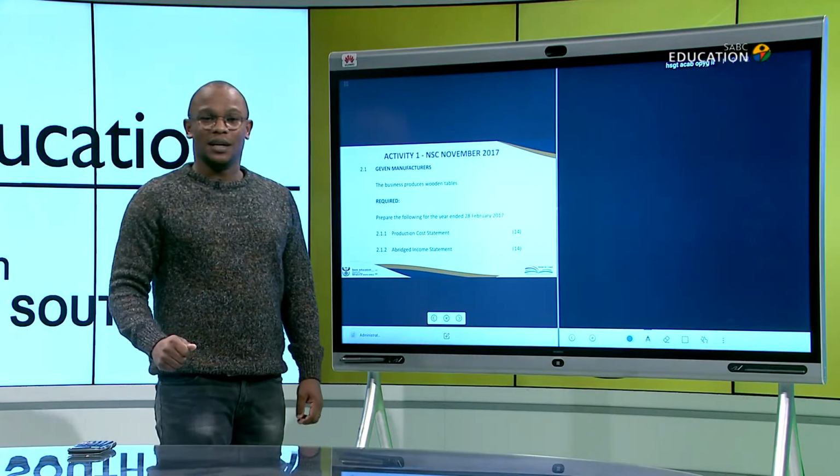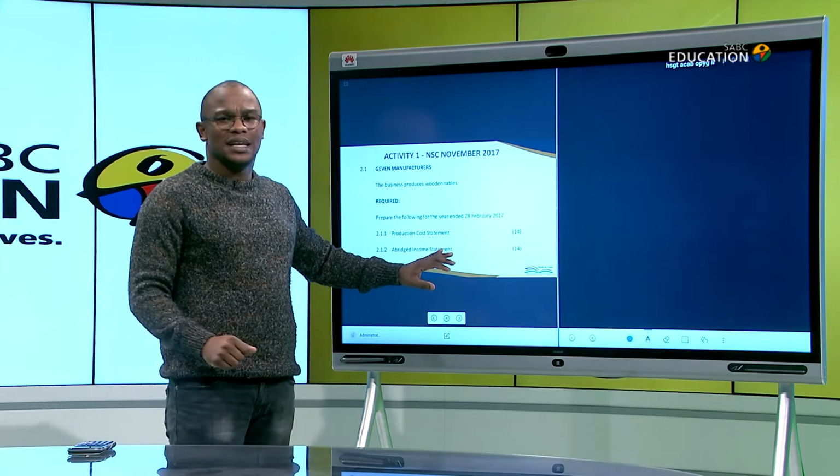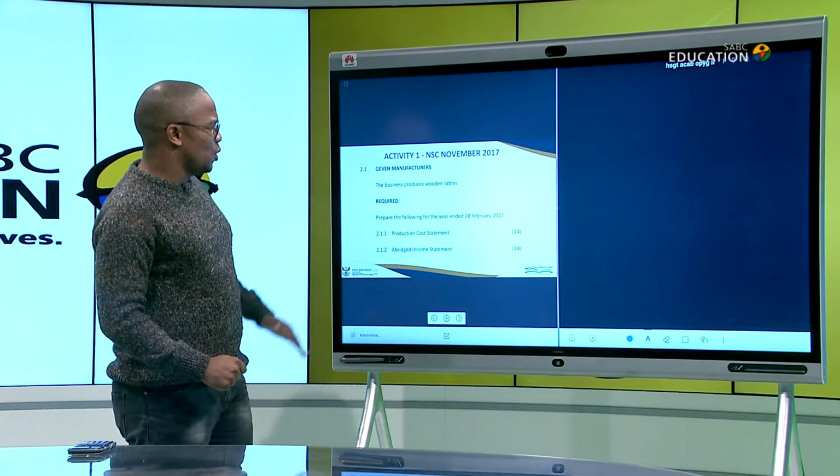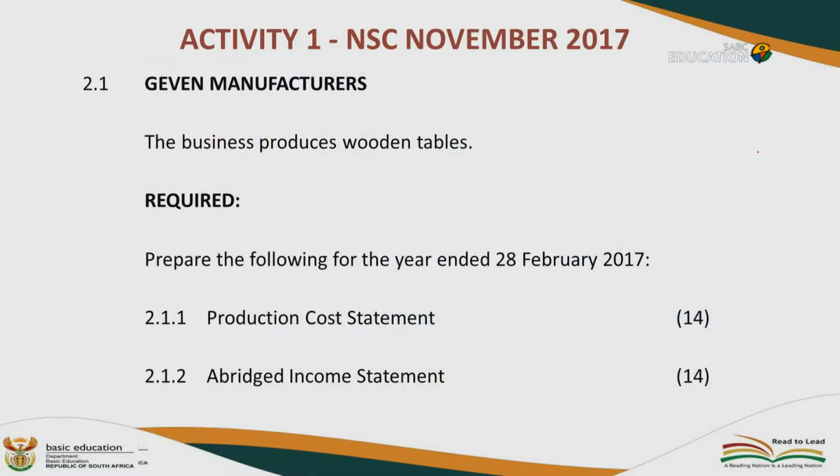Okay, surely you've been waiting for this. Let's do our activity one, which was taken from your NSC November 2017 paper. On this activity, they say the business produces wooden tables. It is very important to capture what the business is producing.